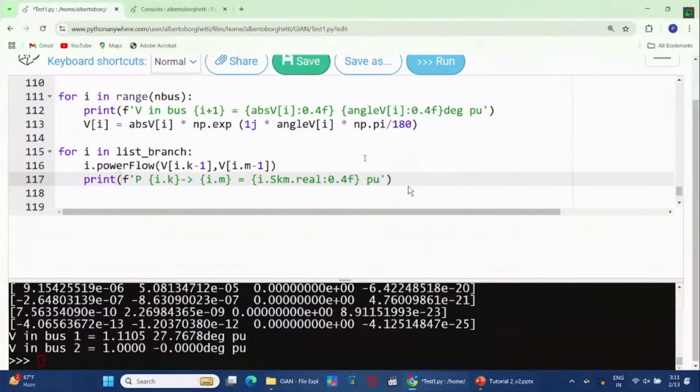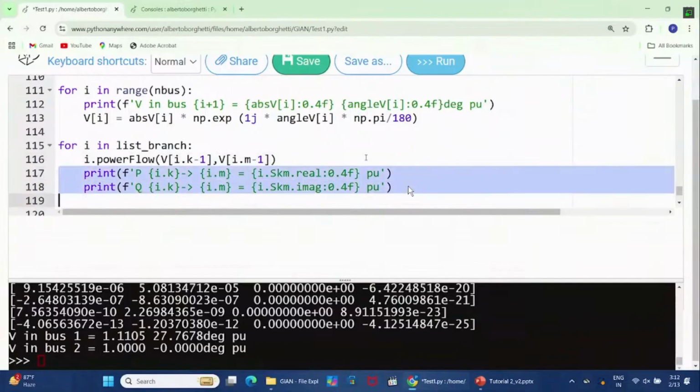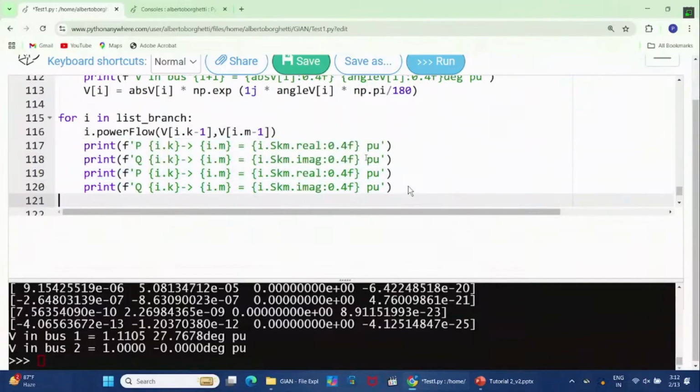Close the parenthesis, and then we can write the same thing, so I copy and paste it for the reactive power, and the reactive power is the imaginary part. We can keep all these and copy and paste again, replacing k with m and m with k.